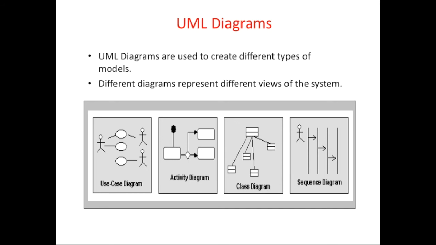Next one is the sequence diagram. In a sequence diagram, there will be an actor, and the actor has to perform activities. For example, at a bank ATM machine, you will insert your card. Then after that, it will ask for a PIN code.